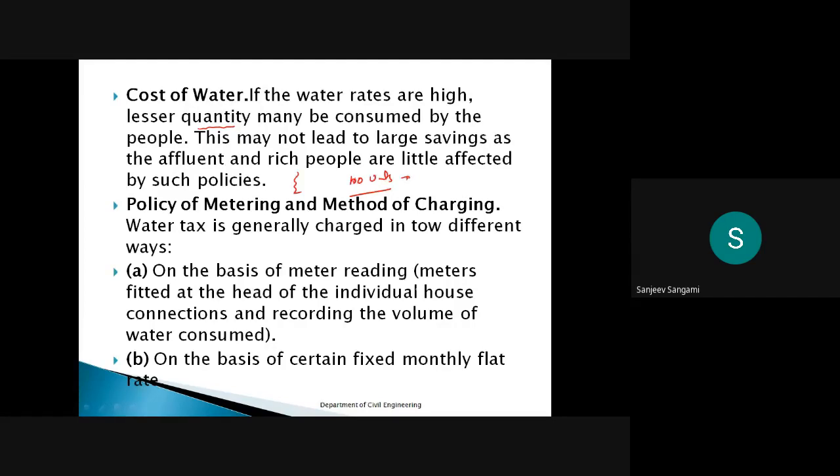Then the policy of metering and method of charging, as I already discussed, on the basis of meter reading fitted at the head of individual house connections, recording the volume of water consumed.